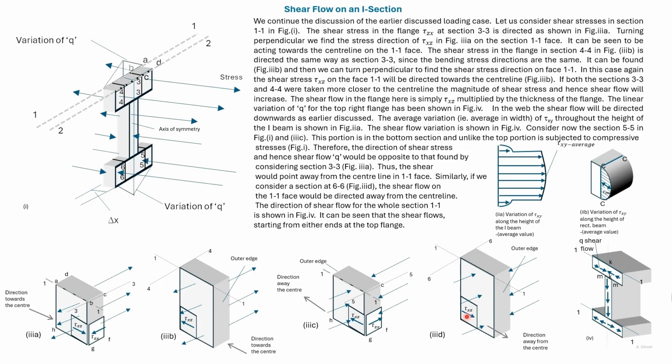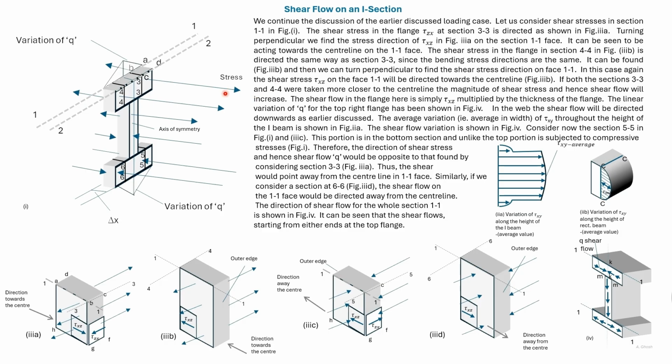Then tau xz on face 1-1 will be directed as shown. So in the bottom flange, the shear stress and the corresponding shear flow are directed away from the center towards the edges. So from this diagram, we can see the shear flows.